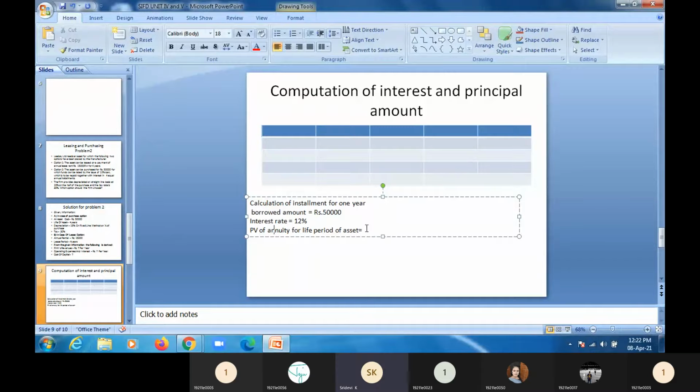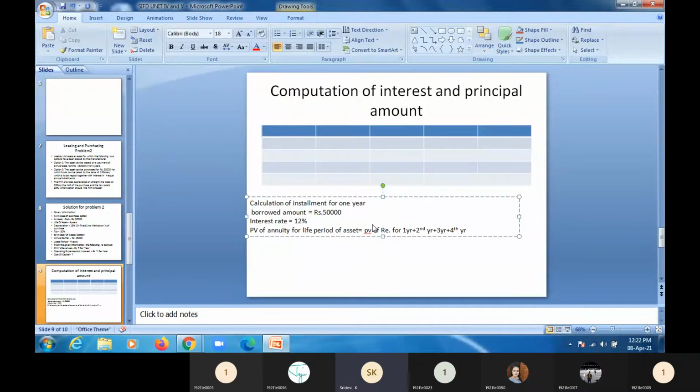So present value of annuity means you are going to take the present value of rupee 1 for first year plus second year plus third year plus fourth year. Only 4 years, no? 4 years, no? Life period, 4 years.